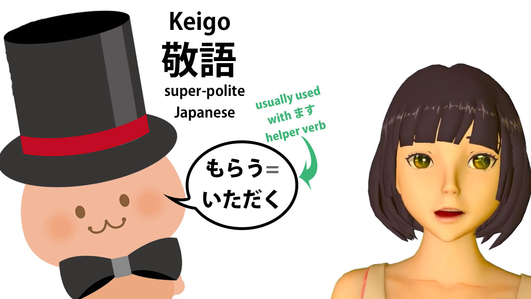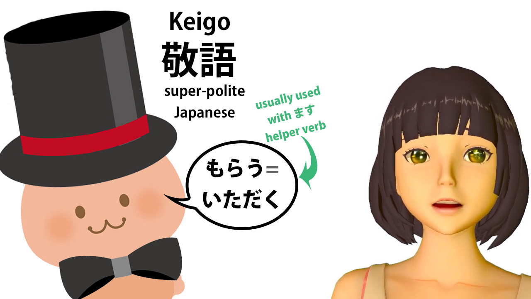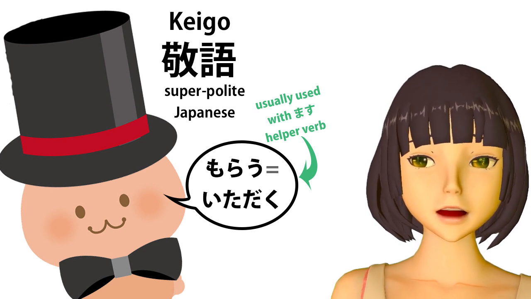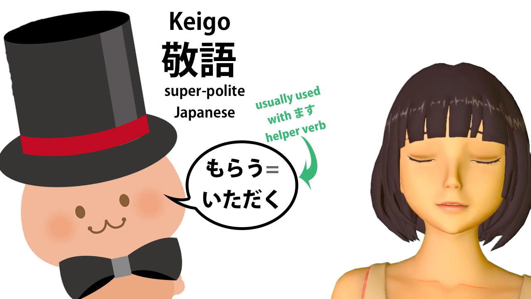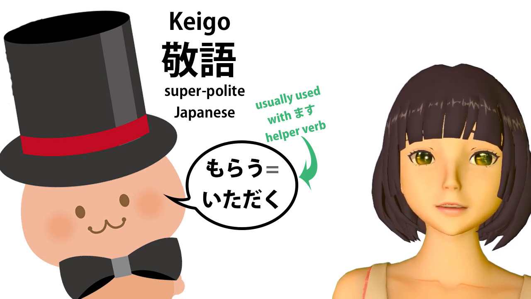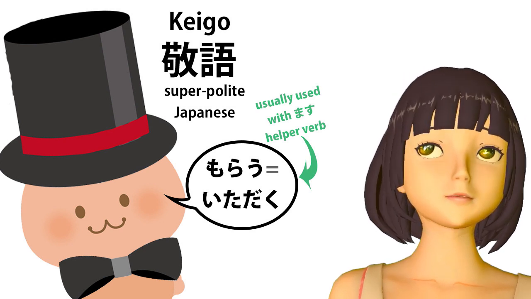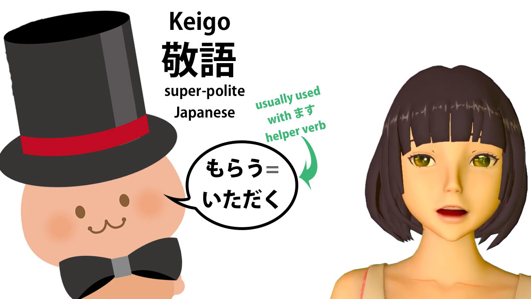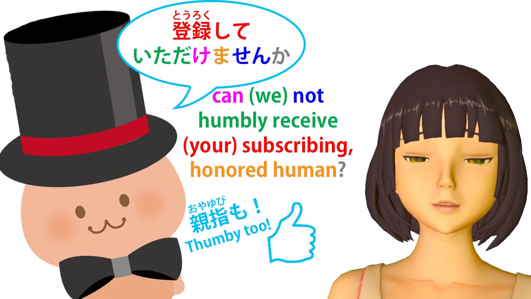It obviously means I receive because itadaku means morau, but it is a form of keigo called kenjogo, or humble language. So you're saying, I humbly receive. And I'm mentioning this at this point because you will probably see some of these sasete morau type forms used with itadaku, sasete itadakimasu, etc. And this piece of keigo can get used a little more often than regular keigo because it adds politeness to the concept of morau.